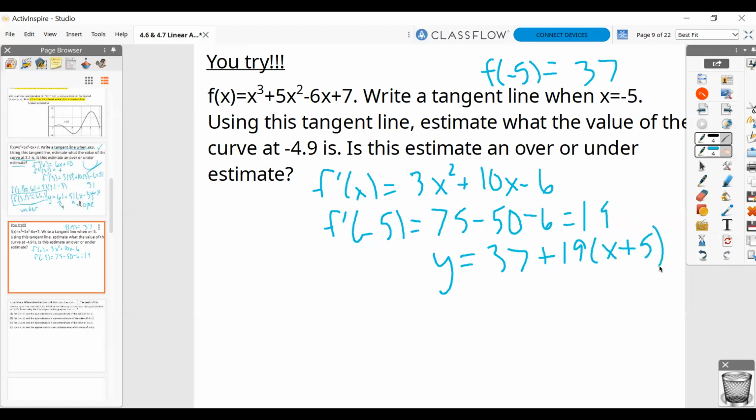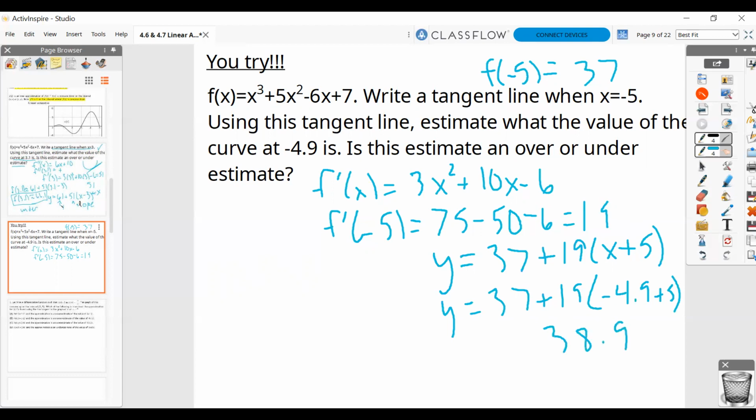So here's our tangent line. We're going to use that to estimate what's going on at the curve at -4.9. So we go y equals 37 plus 19 times -4.9 plus 5. And that will get me, I think, 38.9.